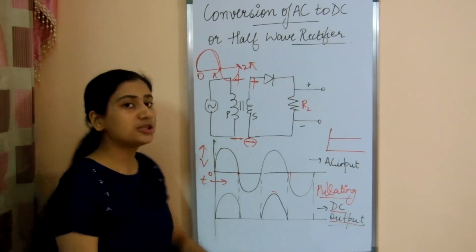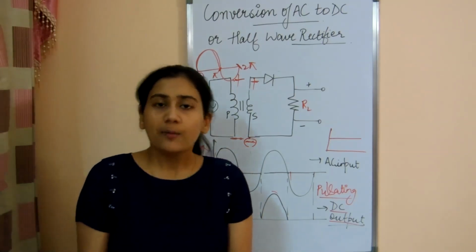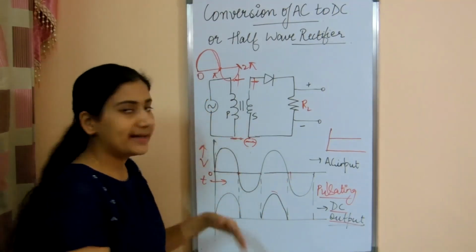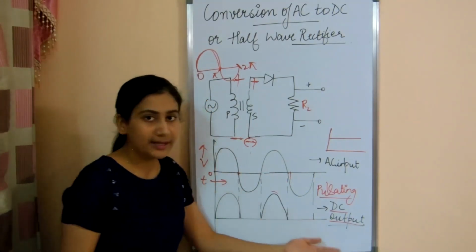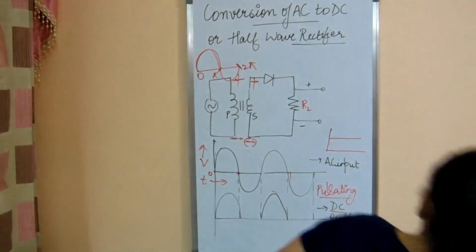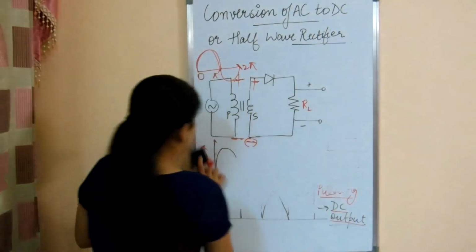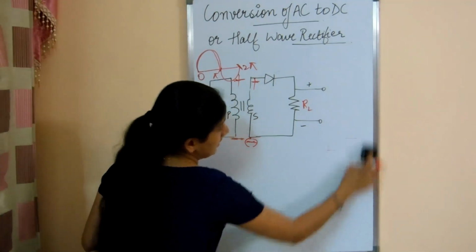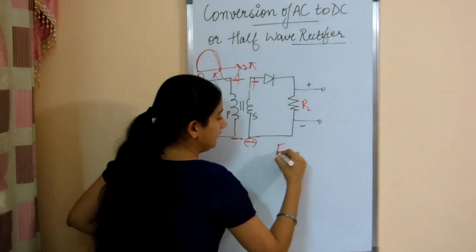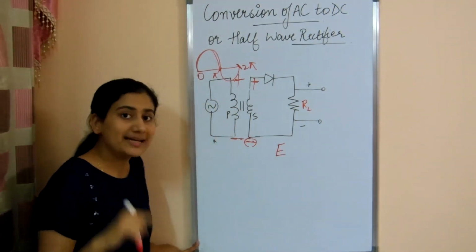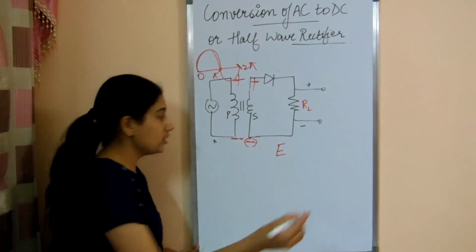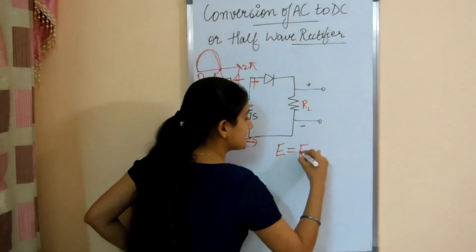Now this was the theoretical explanation. We can also derive mathematically how much current we are going to get here and what happens. Now suppose the input voltage is given. Now it is E, and we know that AC voltage is a sine wave function, so we can represent it as this.